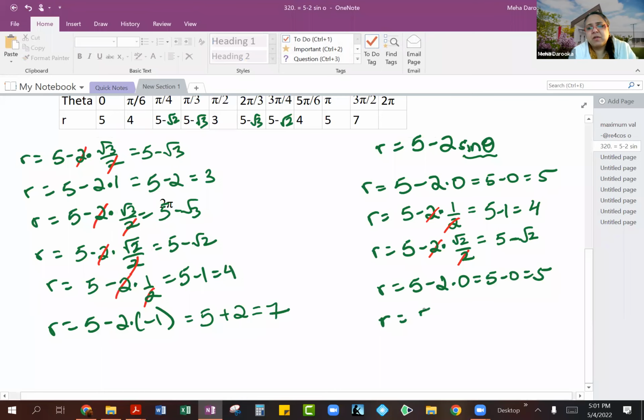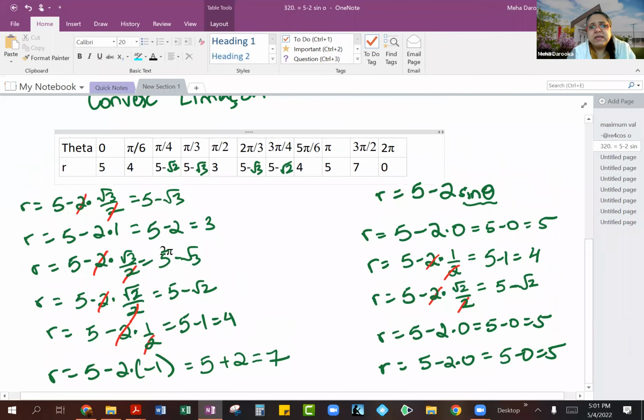What number will we fall back to when we get to 2 pi? 5. Yeah, because you get 0, right? So same thing as what you had at 0, at pi. That's the same thing that's going to happen at 2 pi, and you will end up getting 0.